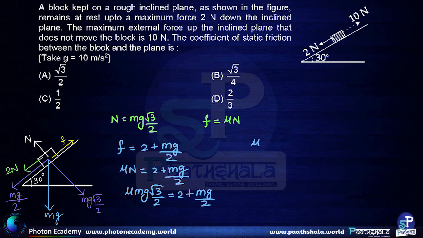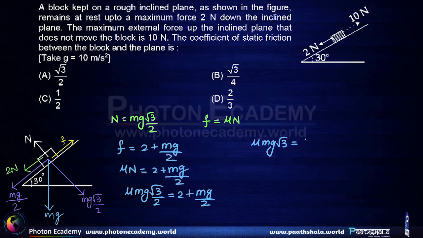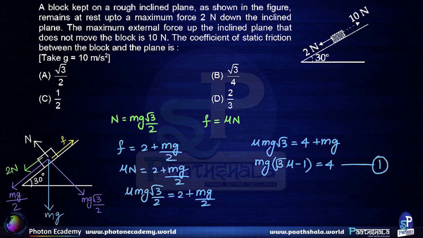Therefore, mu mg root 3 equals 4 plus mg. So mg into (root 3 mu minus 1) equals 4. This is our first equation.